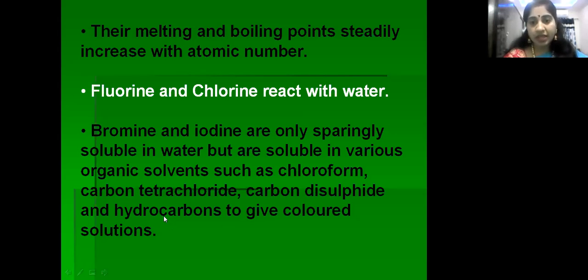They dissolve in these organic solvents and form colored solutions. Okay, children, fluorine and chlorine react with water, whereas bromine and iodine are sparingly soluble in water, but soluble in various organic solvents like chloroform, carbon tetrachloride, carbon disulfide, and hydrocarbons. Right, children? So this is about physical properties.